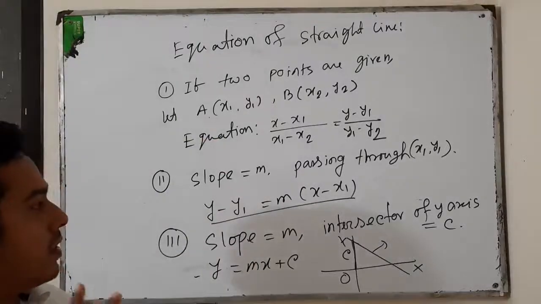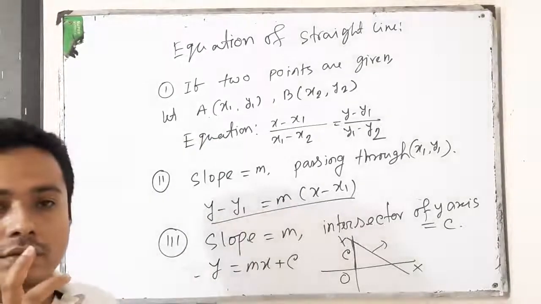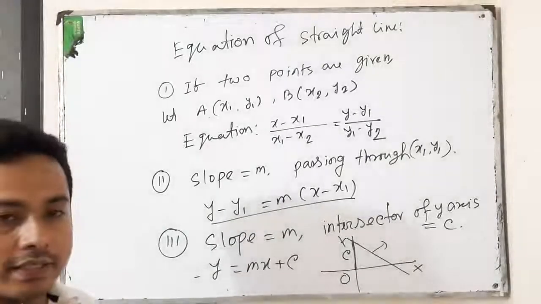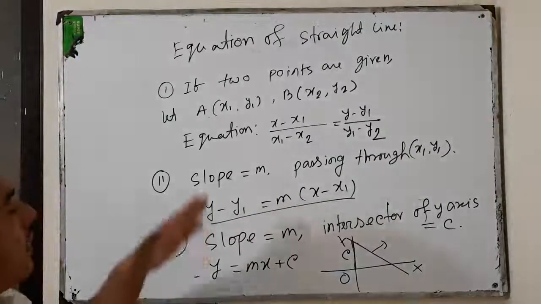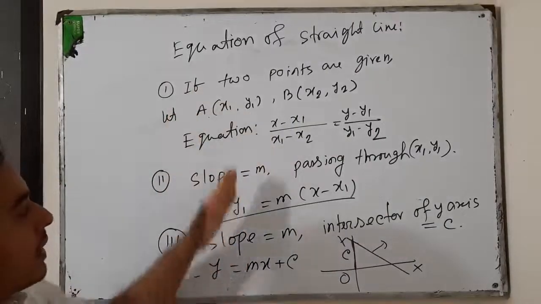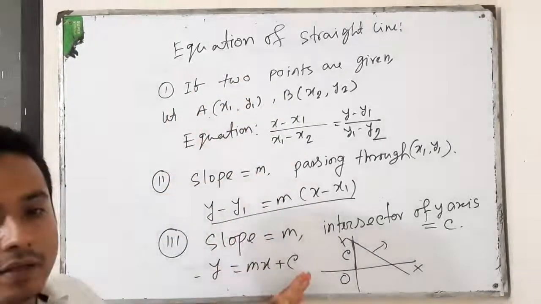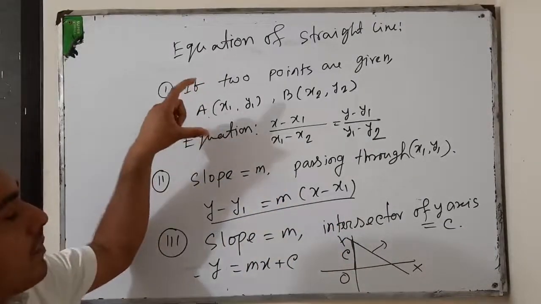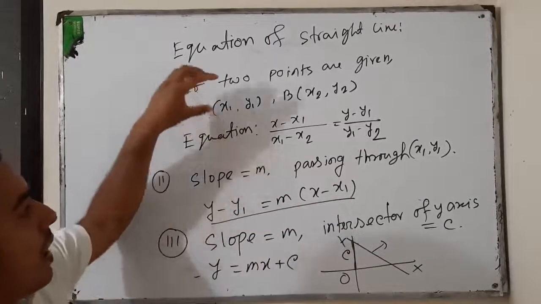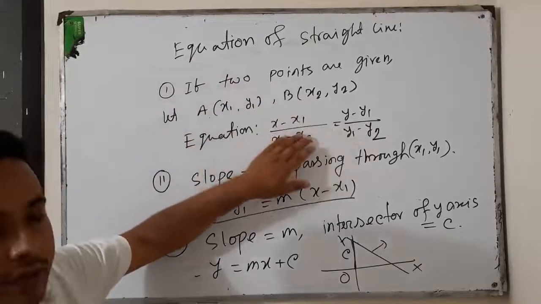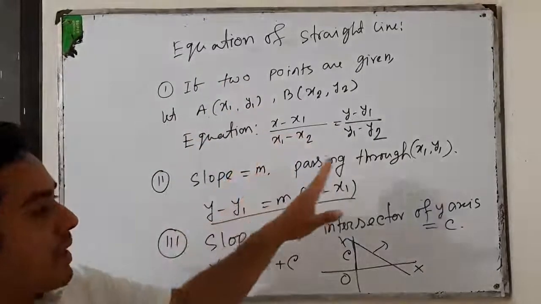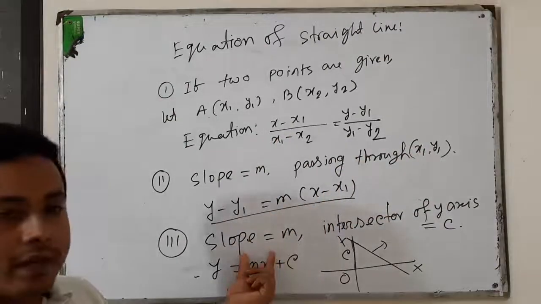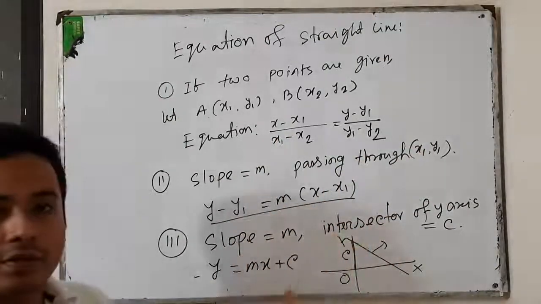Second one is slope and a point it passes through. Third one is slope and y-intercept given. If the given condition is different, then the equation of the straight line is different. You have to know: if two points are given, this is the equation. If slope and a point are given, this is the equation. If slope and y-intercept are given, then this is the equation of a straight line.